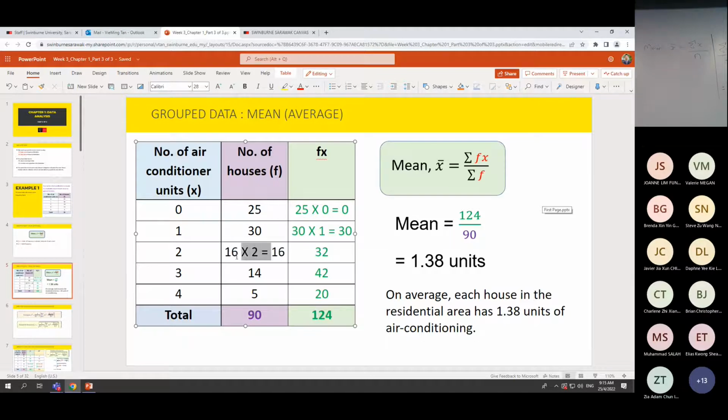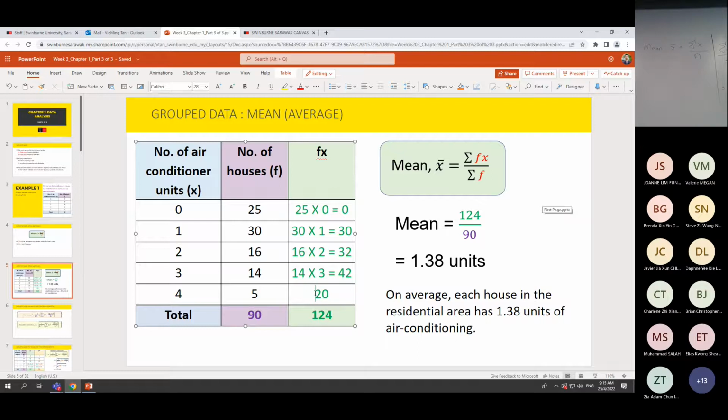I put it in the wrong column. It should be here. So it's using 16 multiplied with 2. The next class is 14 multiplied with 3, so I get 42. Continue the same process for the last class as well.